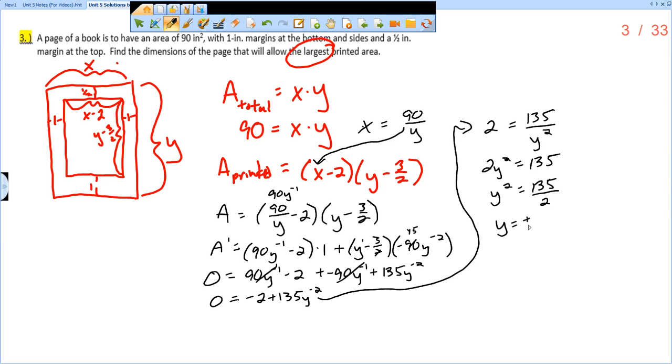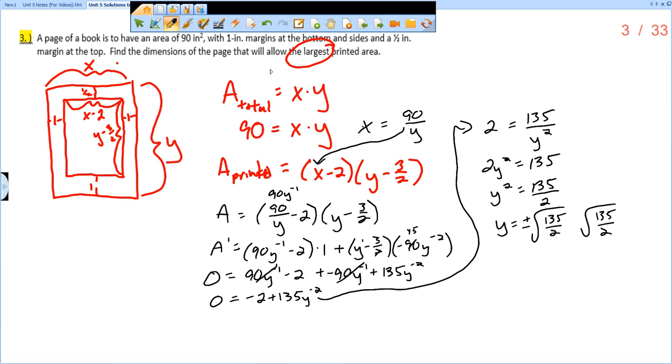So y equals, obviously, plus or minus, but the minus is really never going to make sense in this setting. So the square root of 135 divided by 2. And so now we get our value here, and we realize that the negative is not going to be a valid value.